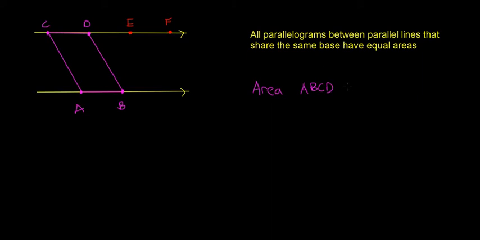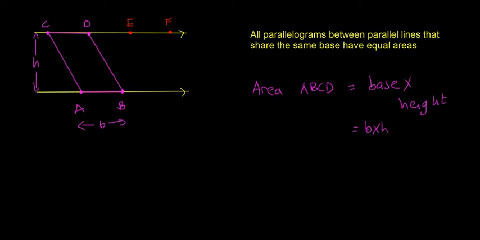The area of this is going to be the base by the height. The base is going to be this line here, small b, and then the height is going to be the distance between the yellow lines, h, which is this distance there. So again the area is b by h.